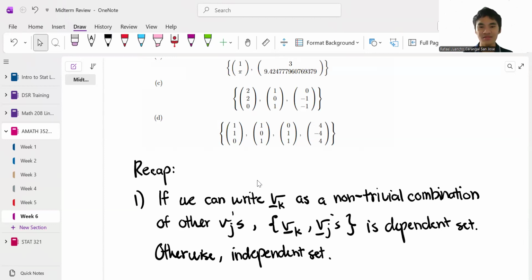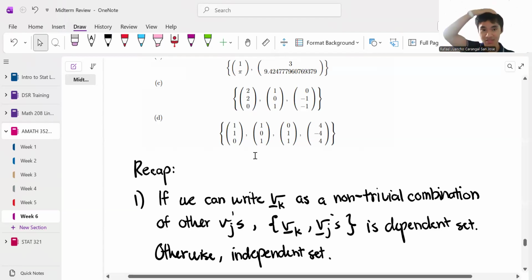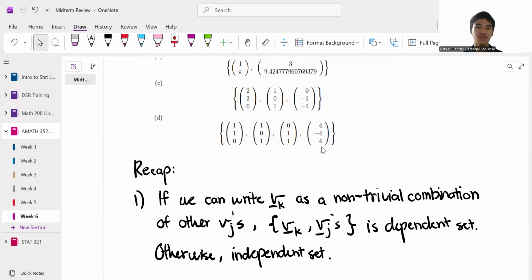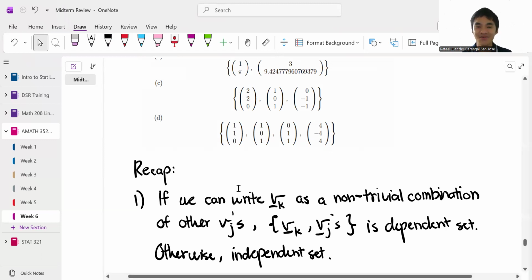Based off just looking at this, can we see one vector that we can write as a linear combination of the rest? If there is, the set is dependent. I'm trying to look, but I can't seem to find any. So worst case scenario, we use that alternate definition where we just do it by brute force.